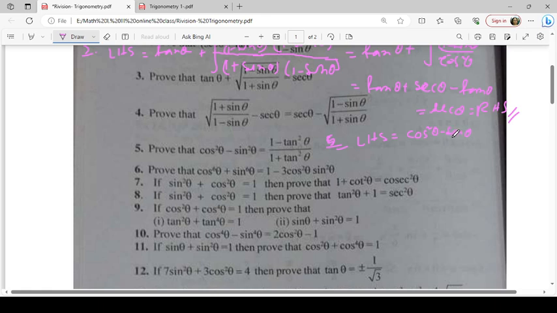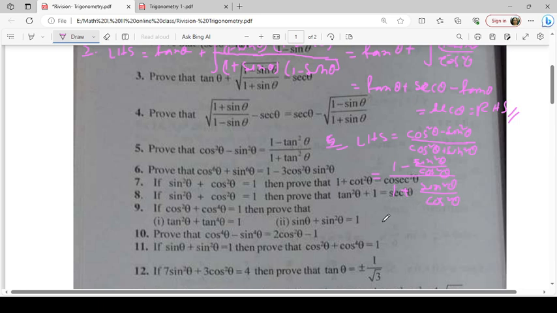It is 1 minus sine square theta. Then we always have a denominator 1, so for 1 we write cos square theta plus sine square theta. Then we divide both numerator and denominator by cos square theta, so it is 1 minus sine square theta by cos square theta, so that we get 1 minus tan square theta, and the denominator is 1 plus sine square theta by cos square theta.